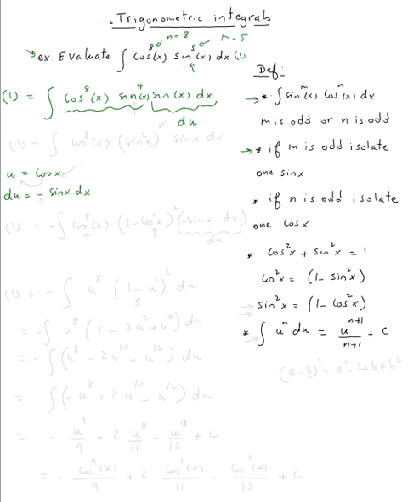To replace sine of x by cosines, just think of this formula: sine square of x is equal to 1 minus cosine square. So what I do, I'm going to write that sine to the 4th is the same thing as sine square squared. Let me do it in 2 steps. Sine squared squared.